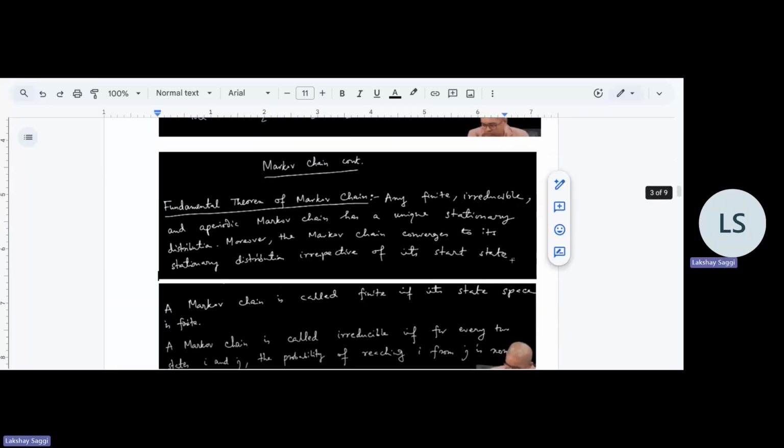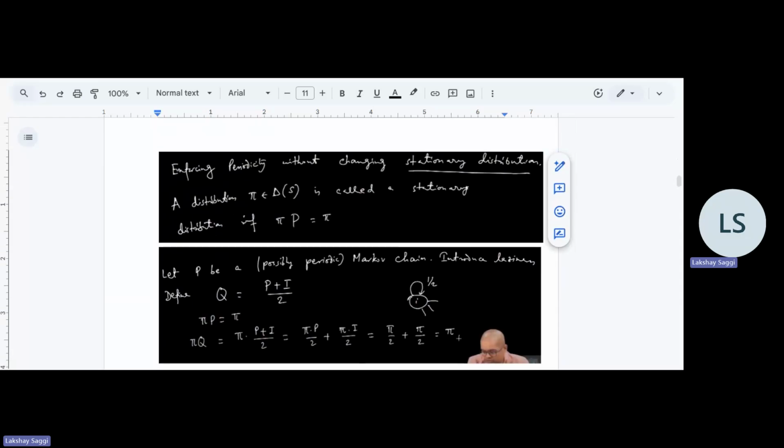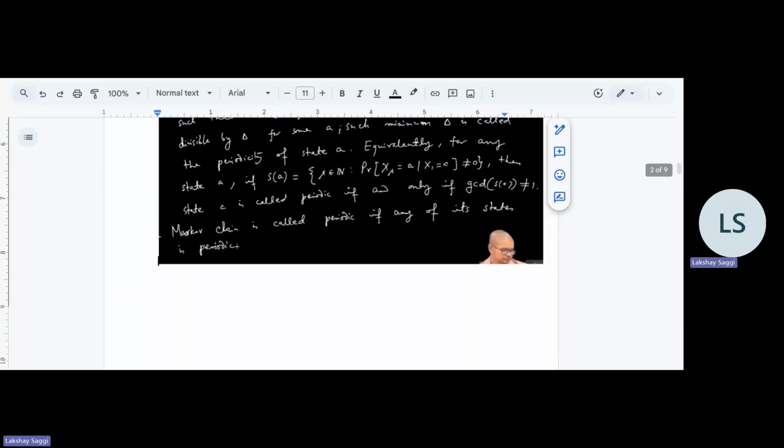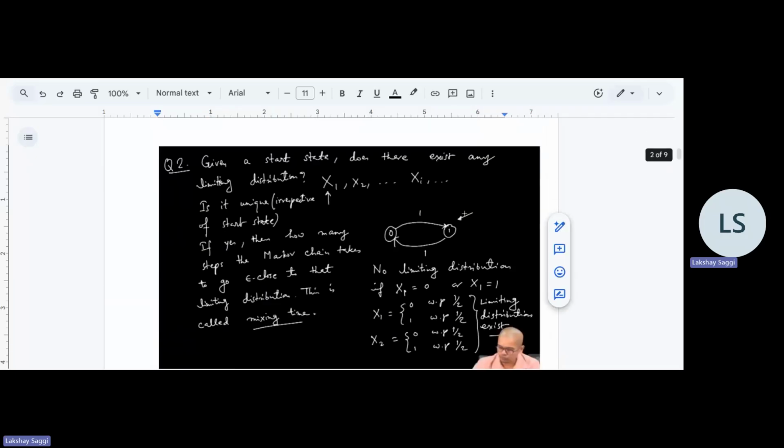Oh, okay, I think I forgot to include the definition of limiting distribution, or maybe it wasn't covered in the lectures properly. But yeah, what's a limiting distribution essentially?